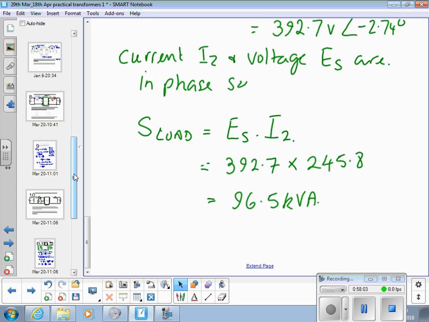Yep. So if we think it's nominally 100 kVA, it's pretty efficient. 96.5 of 100, 96.5% efficient transformer.